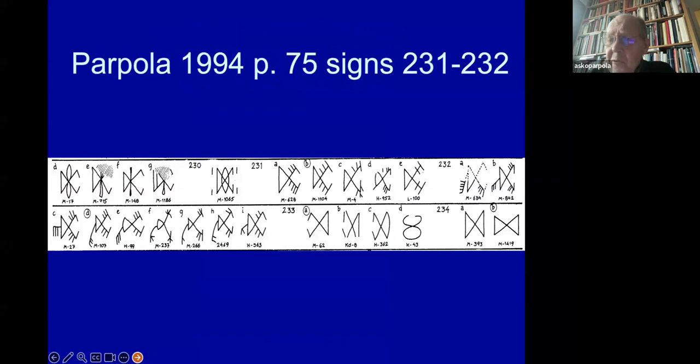Sign number 232 in my sign list is distinguished from sign number 231 by the addition of what looks like a tail to the hind part of the sign.